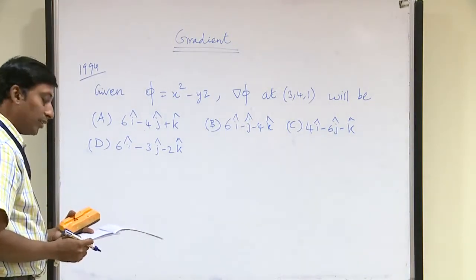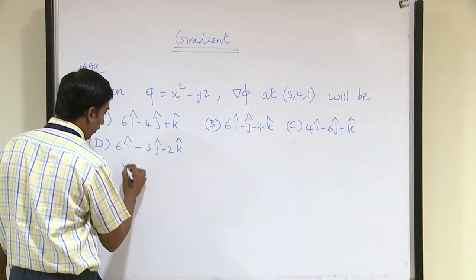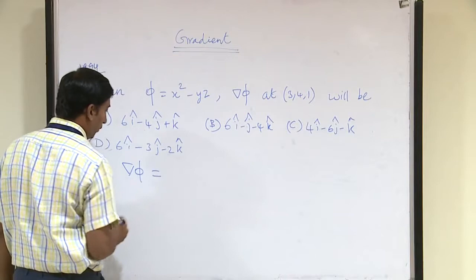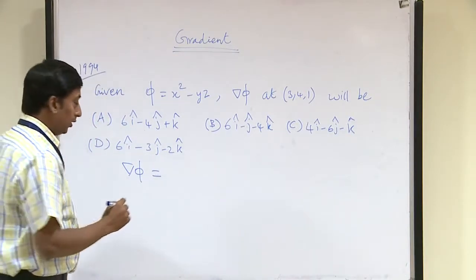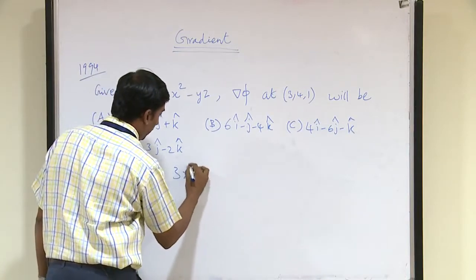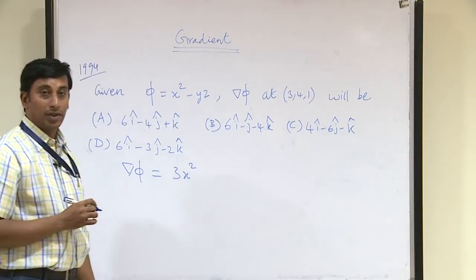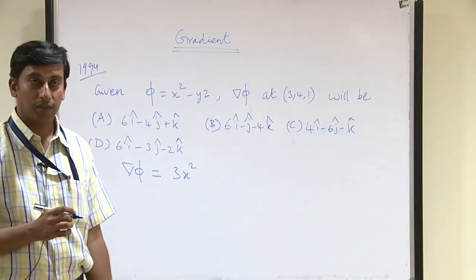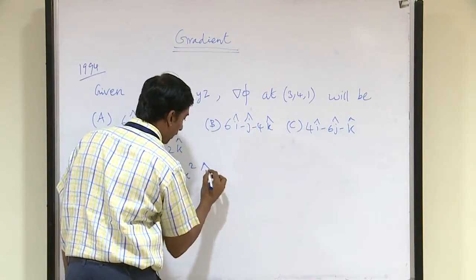So we evaluated. What do we need to find? Del phi. What is that equal to? 3x square. Here they are using a notation where instead of x cap, y cap, z cap, they are using i, j, k. So 3x square i cap.